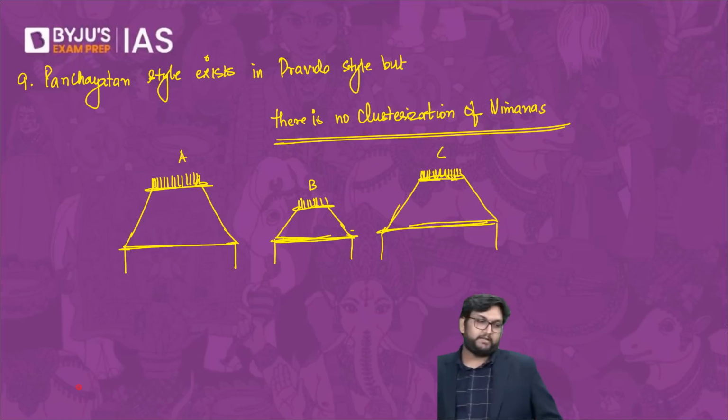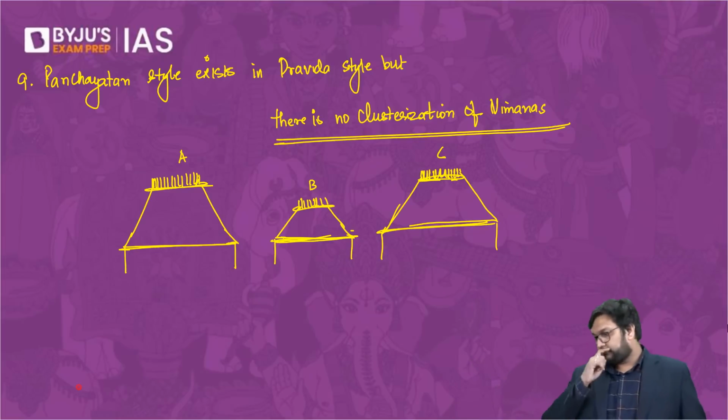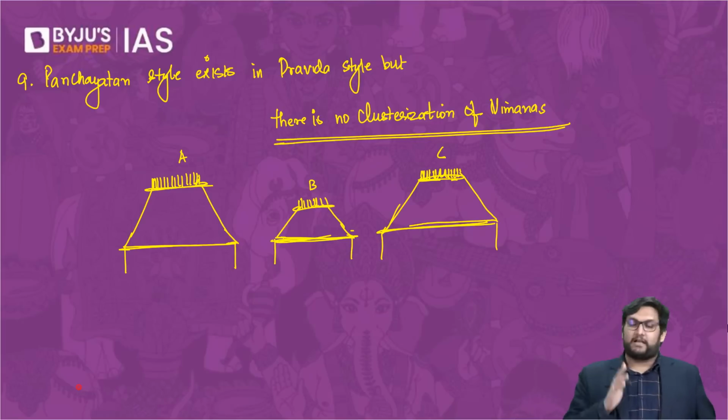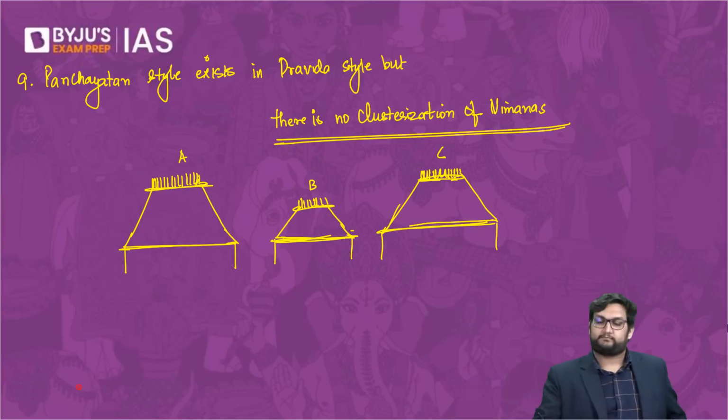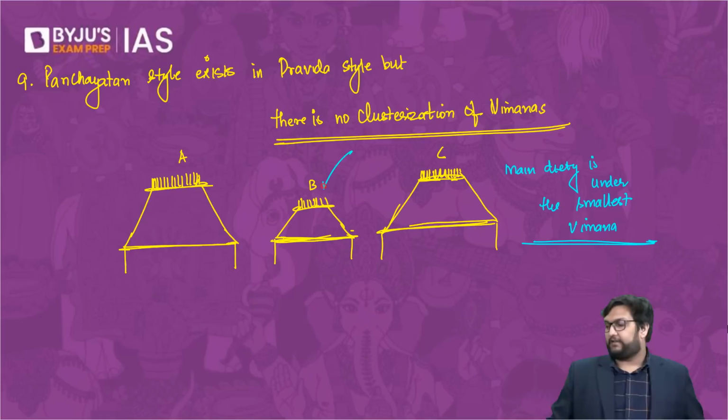The main god will be under A, B, or C. Now, in South India, there's a reverse logic. The main deity is under the smallest Vimana, which could be B. Can everybody tell me the reason why?